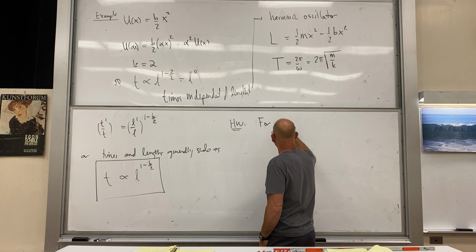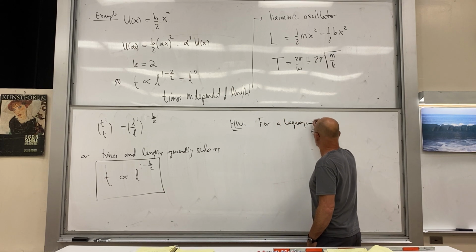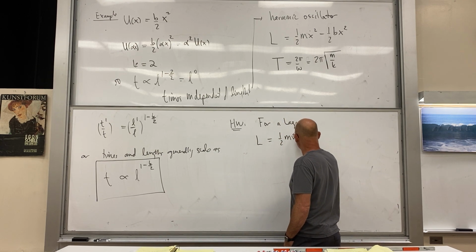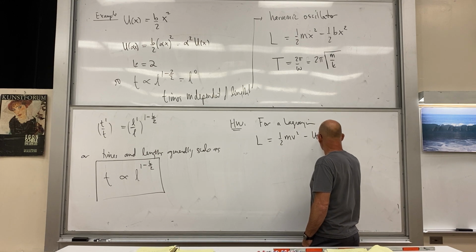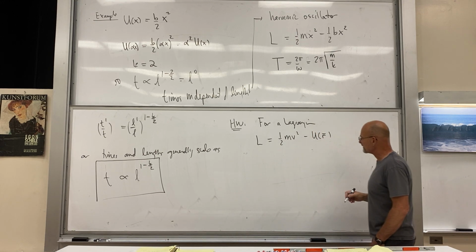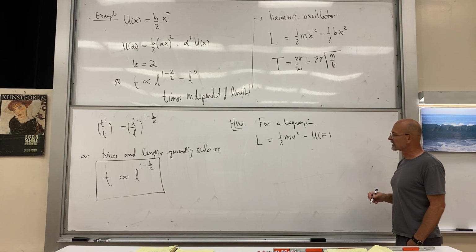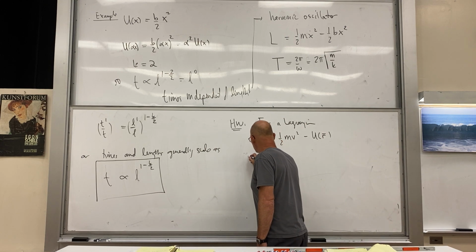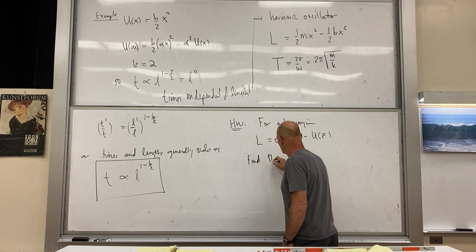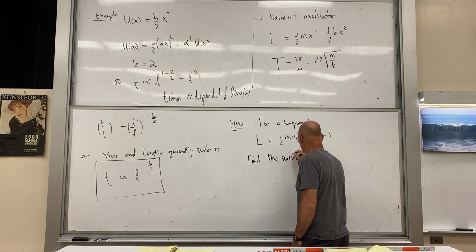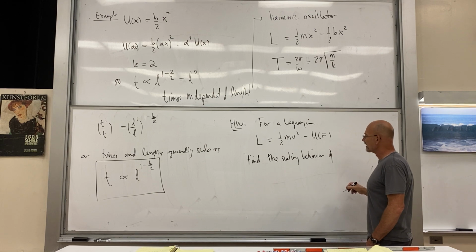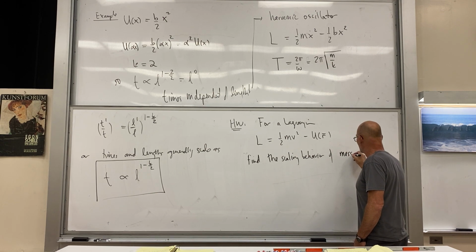So for a Lagrangian, L equals 1/2 m v squared minus U of r. So that's a single particle. Find the scaling behavior of mass and time.